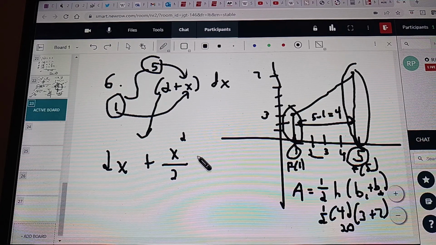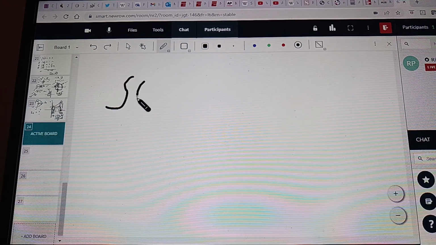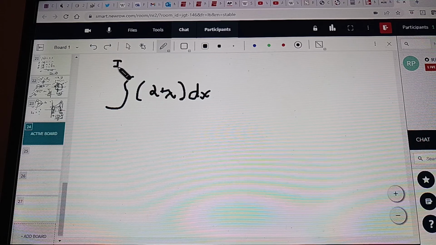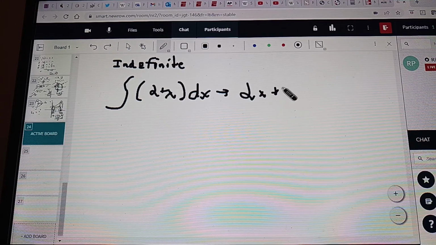If I do the integral of 2 plus x dx with nothing here or here, this is called an indefinite integral. Then you put 2x plus x squared over 2 plus c. That's what section 7.1 and 7.2 are about.